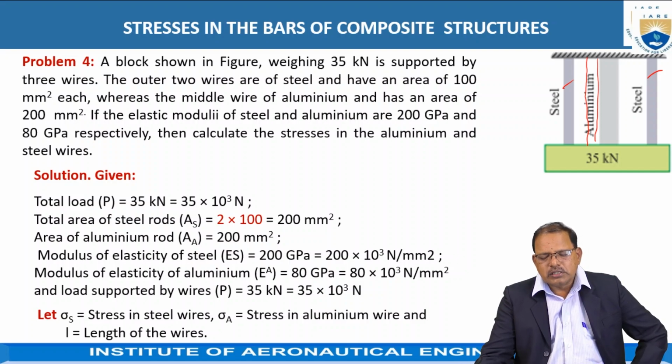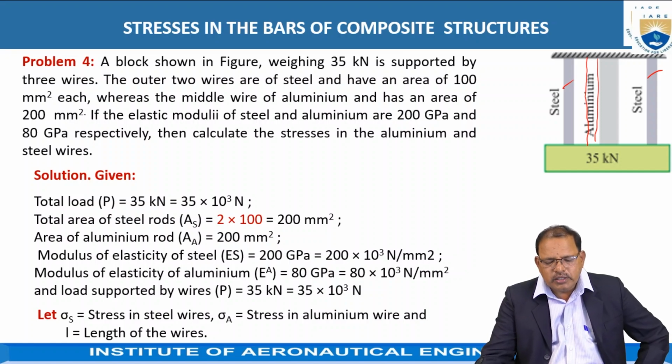The outer 2 wires are steel and have an area of 100 mm square each, whereas the middle aluminum wire has an area of 200 mm square. If the elastic moduli of steel and aluminum are 200 gigapascal and 80 gigapascal respectively, calculate the stresses in the aluminum and the steel wires.